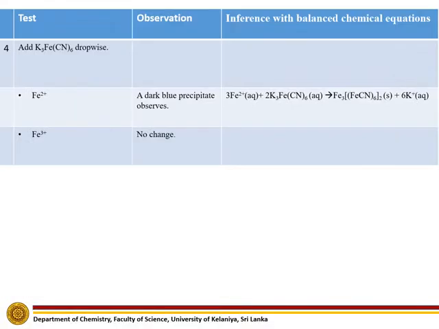Observation and results. When we add potassium ferricyanide dropwise, only ferrous ion solution will give a dark blue precipitate. This is due to the formation of this complex.